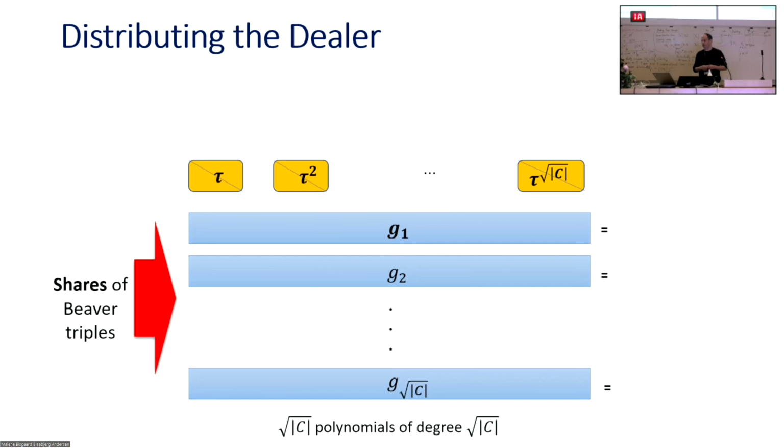So now we will want the parties to generate encrypted versions of the powers of the random point tau.